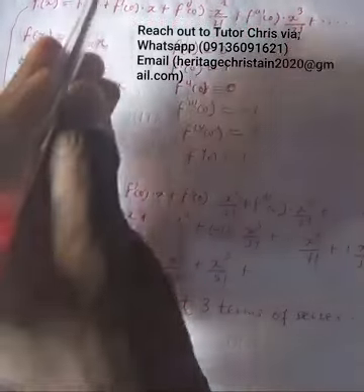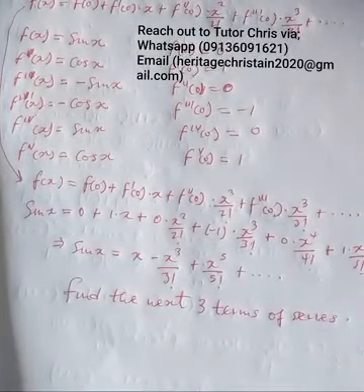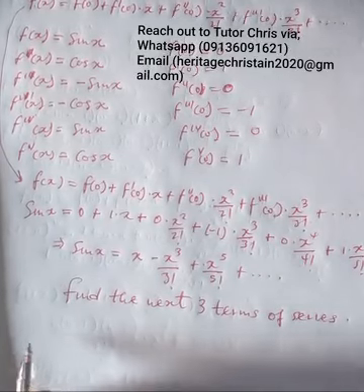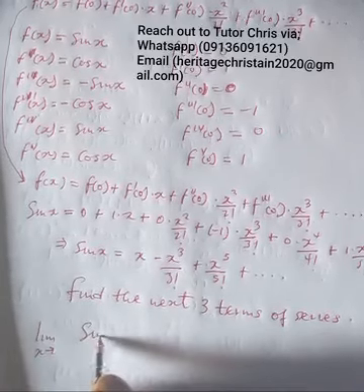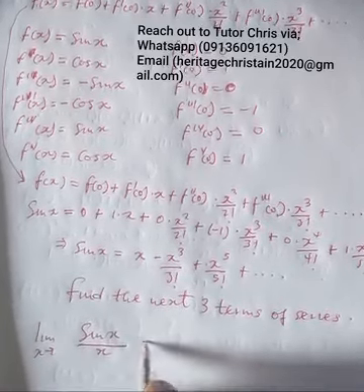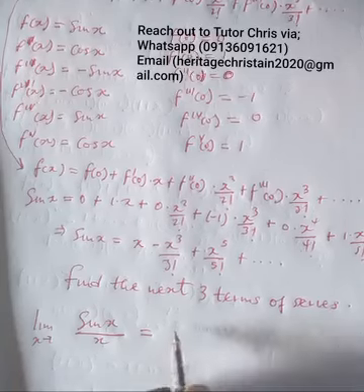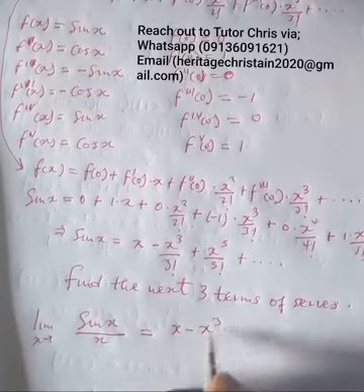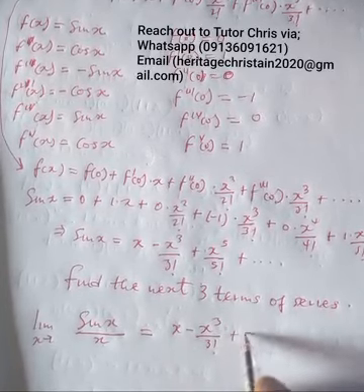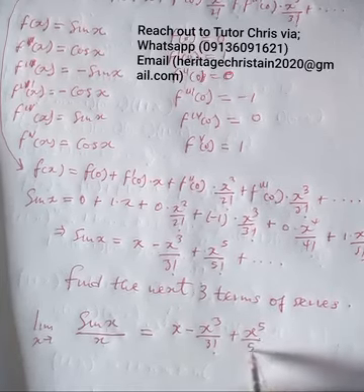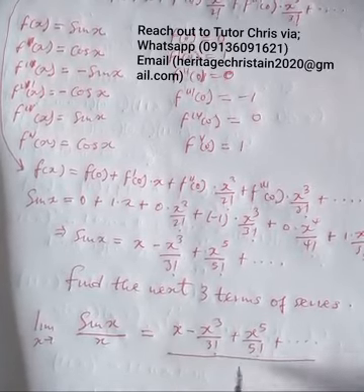Let me get back to my problem that says the limit as x approaches 0 of sine x over x. This is the problem again. The limit as x approaches 0 of sine x over x will now be equal to, since I already know the value of sine x, x minus x to the power of 3 over 3 factorial plus x to the power of 5 over 5 factorial plus dot dot dot, all being divided by x.